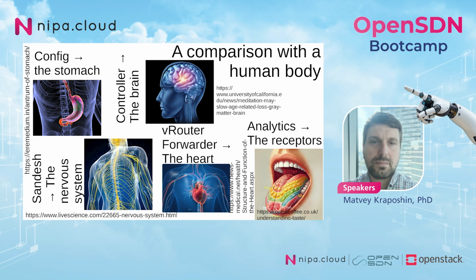Analytics is like receptors which monitor the current situation and check whether everything is right or wrong. Sander is a nervous system, and we will talk about our vRouter forwarder. I hope that this comparison is vivid and helps you understand the main purposes of these components.